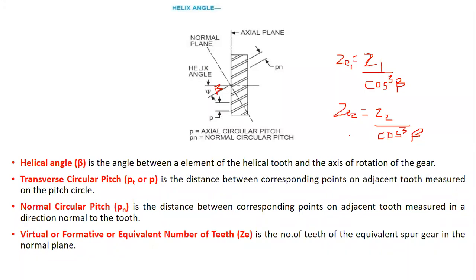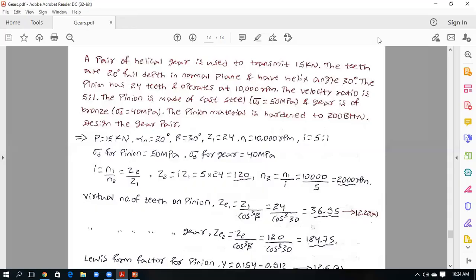I am going to take a problem, and from that problem you can understand what changes you need to make for the design of the helical gear. Now I am going to take down the problem on the helical gear. That is the complete design of the helical gear.